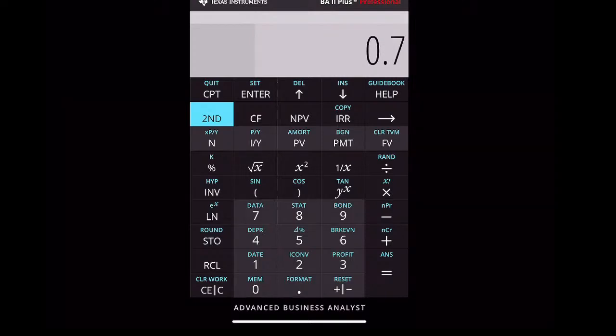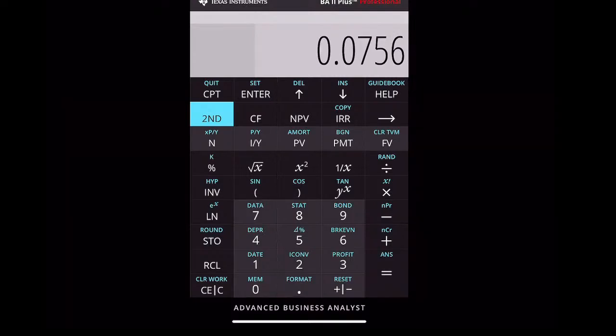Oh, I didn't have to use brackets because it's just a 0.7. So that's 0.0756.